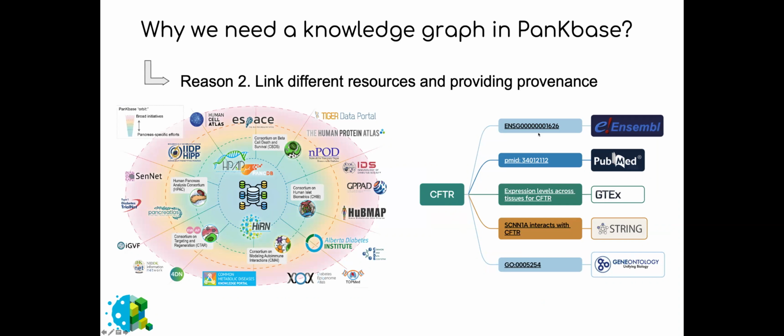For example, we have some information in PubMed, and we can have another article about CFTR. In GTEx, we can have expression levels about the gene, and then STRING and Gene Ontology all provide some information, but they are all separated. But with our knowledge graph, we are able to identify them and integrate them with the explicit graph.